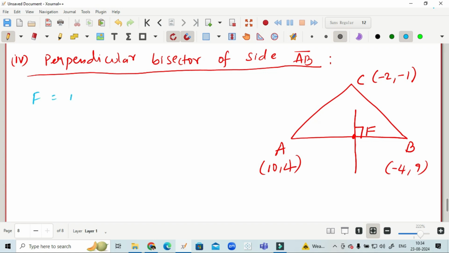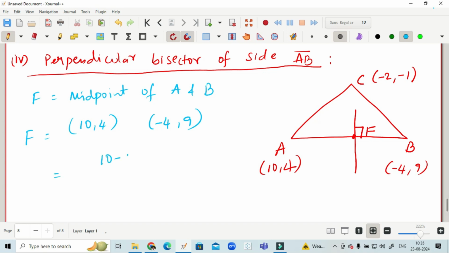F is the midpoint of A and B. So F is equal to, I am writing the 2 points here, 10, 4 and minus 4, 9, which is equal to 10 minus 4 by 2, 4 plus 9 by 2, which is equal to 6 by 2, 13 by 2.